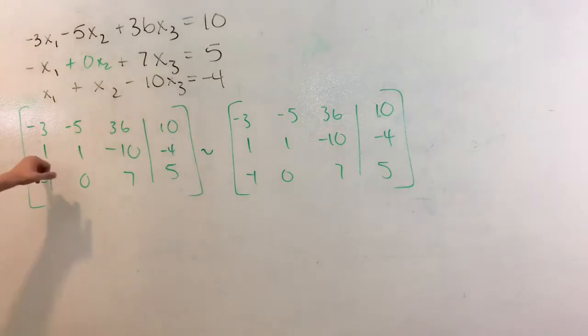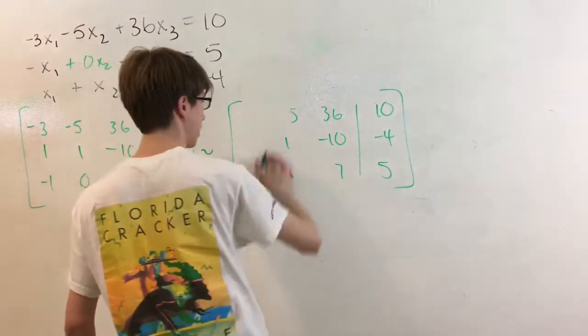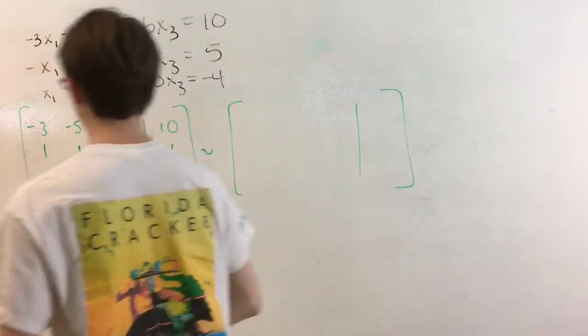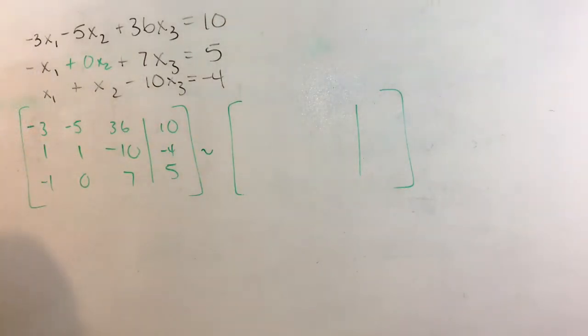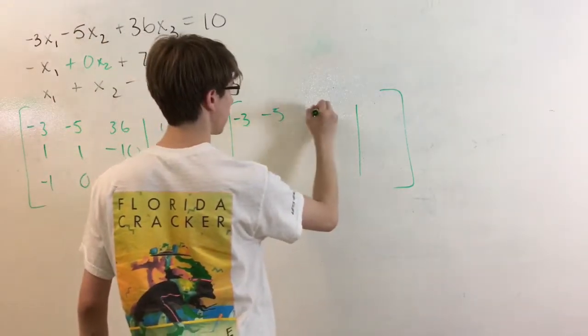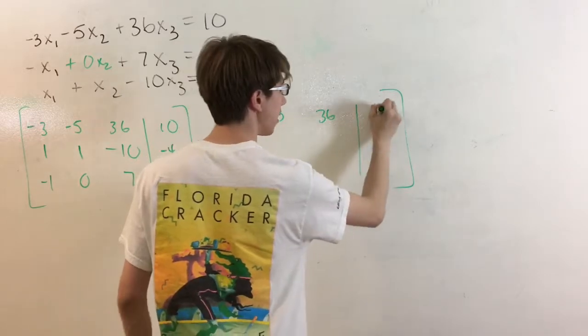Alright, so let's do the next step in our process. The next step is probably going to be where we take this term here, this 1, and we make it 0. How do we do that? Well, let's just add row 3. So we end up with -3, -5, 36, and 10.